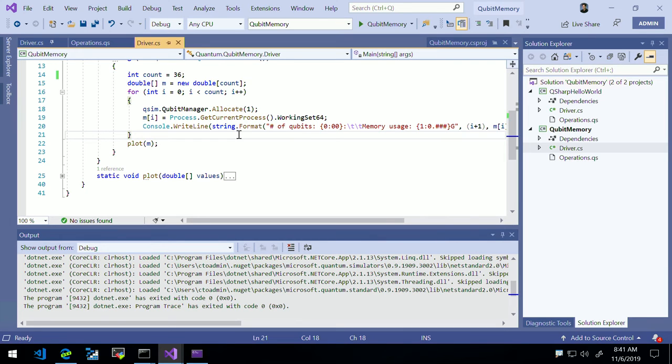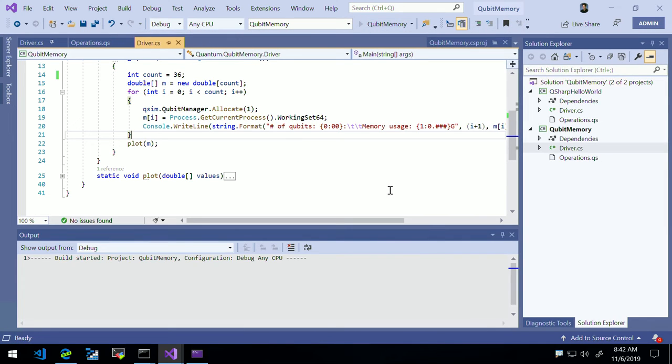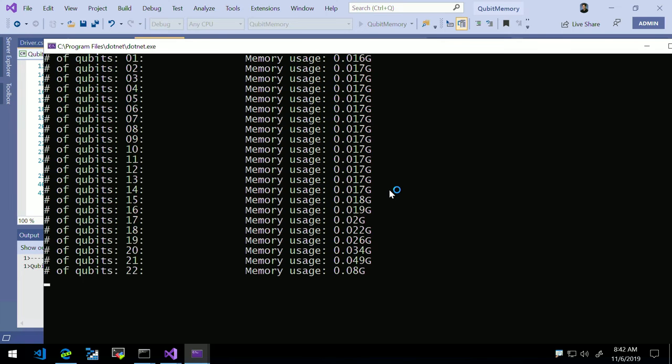For each qubit that I add, I grow the amount of states it's got to keep track of by 2 to the n. Because remember, when I had 3 qubits, that's 8 potential states, each with their own probabilities. So the quantum simulator needs to keep track of each one of those different probabilities. So when I run this, you're going to see how much RAM the simulator consumes to try to keep track of all the states of all the qubits.